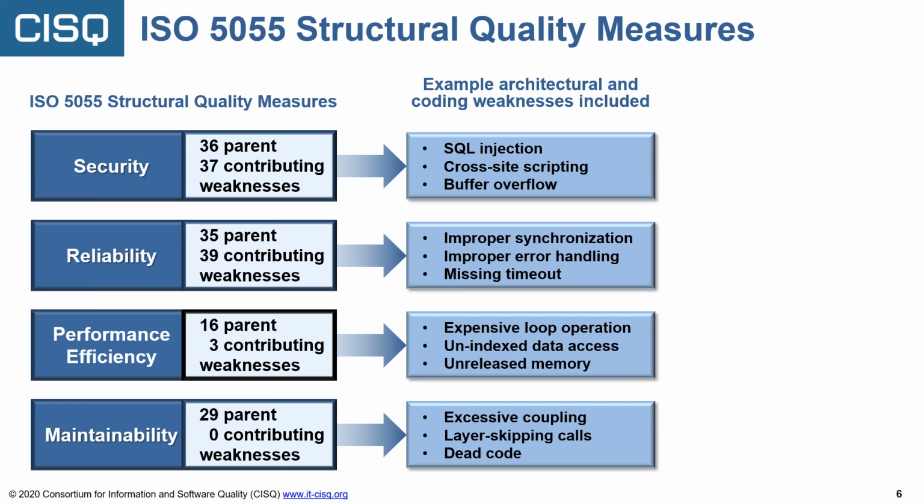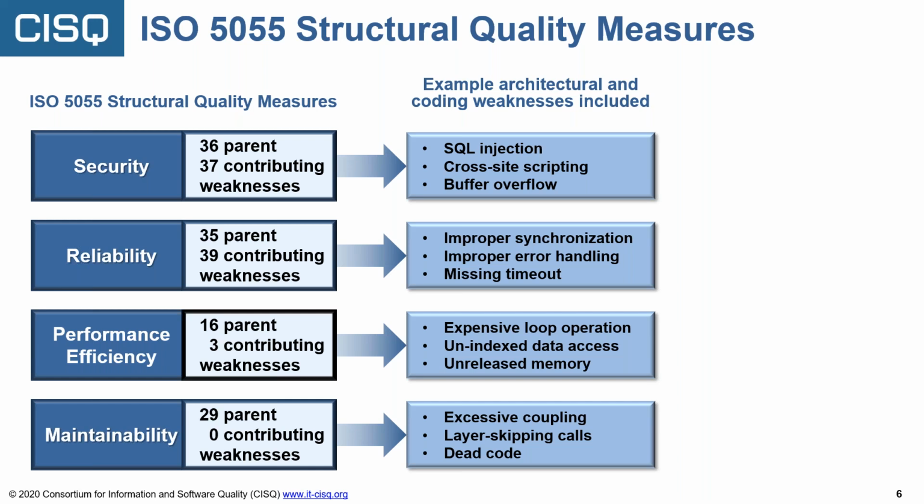Now, there's many ways a buffer overflow can happen. In fact, there's 13 different ways that buffer overflows are defined in the common weakness enumeration, 13 different instances. And so those are listed as contributing weaknesses under the parent of buffer overflow. So that's how we construct these parents and contributing weaknesses. The contributing weaknesses are really instances of a parent weakness.